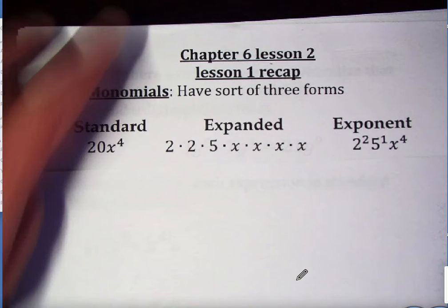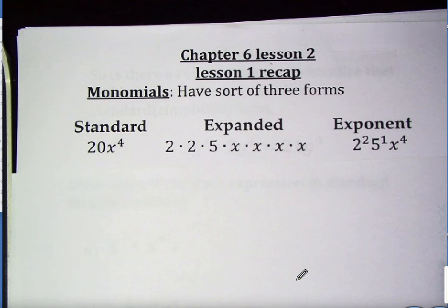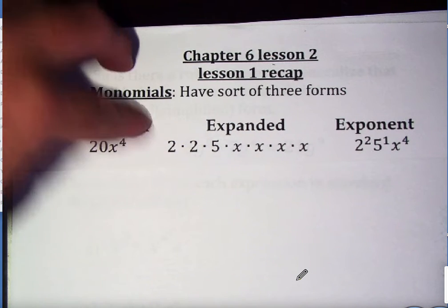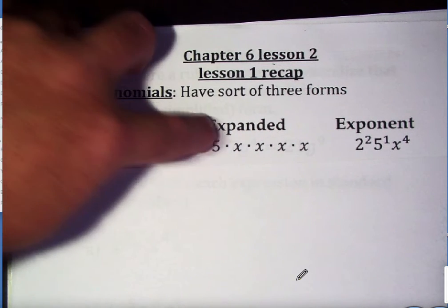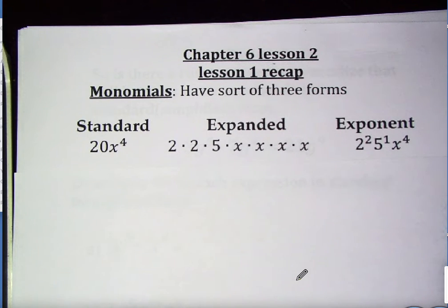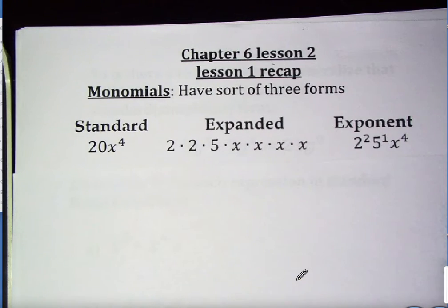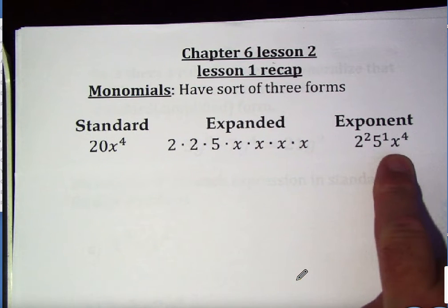They have sort of 3 forms, right? We have standard form, which is kind of like our simplest form. We have expanded form, where we do the prime factorization of the number and expand it all the way out. And we have exponent form, like so, where we show all the exponents of the expanded form.